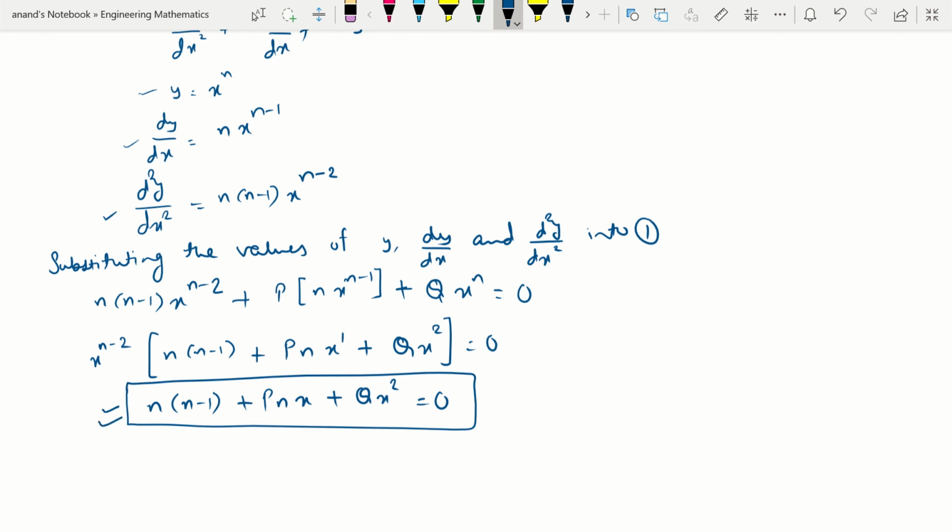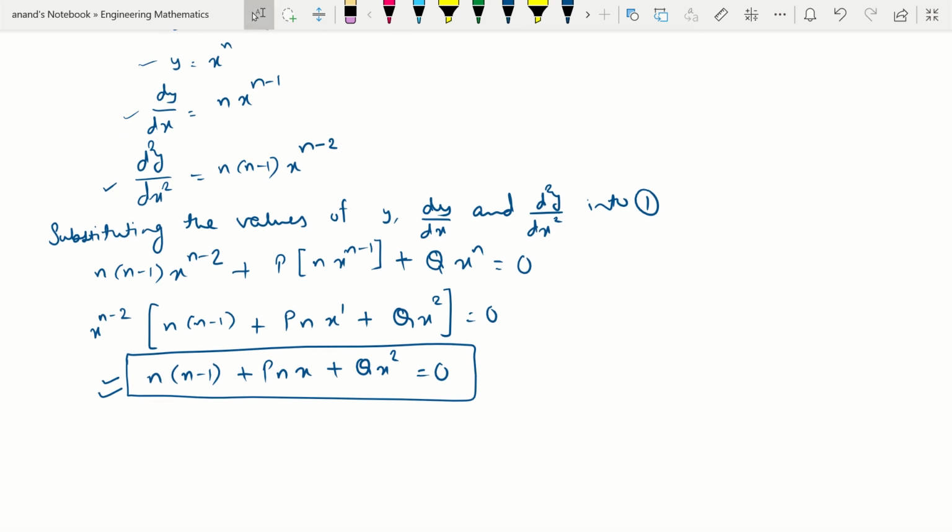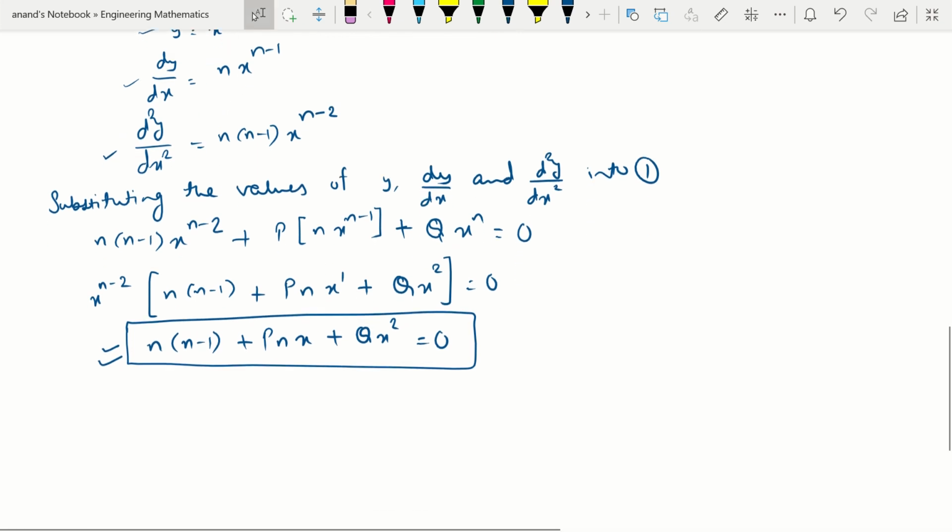Now on the basis of this condition and by seeing the form of the quotient, we can determine a part of the complementary function.